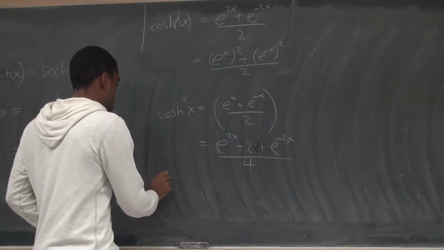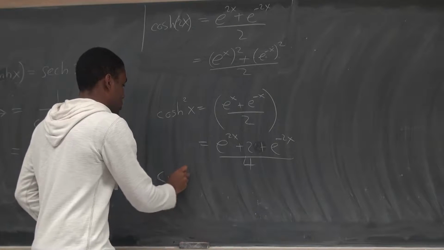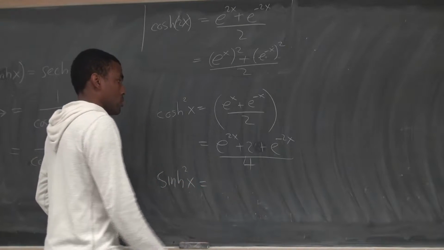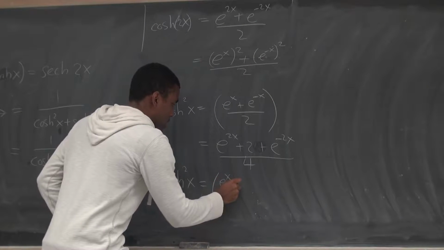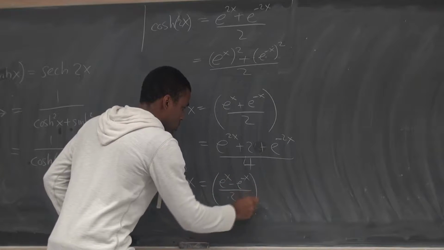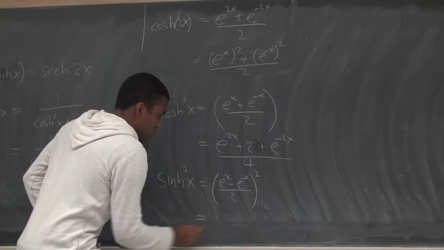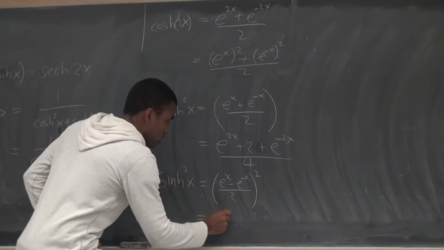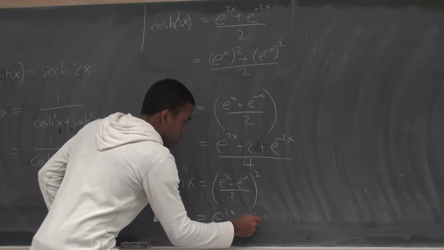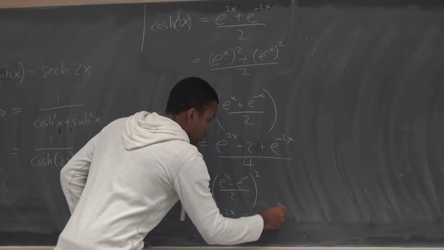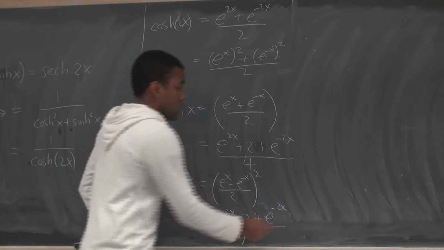And if I look at sinh squared, this is just e to the x minus e to the minus x over 2, squared, which gives me e to the 2x minus 2 plus e to the minus 2x all over 4.